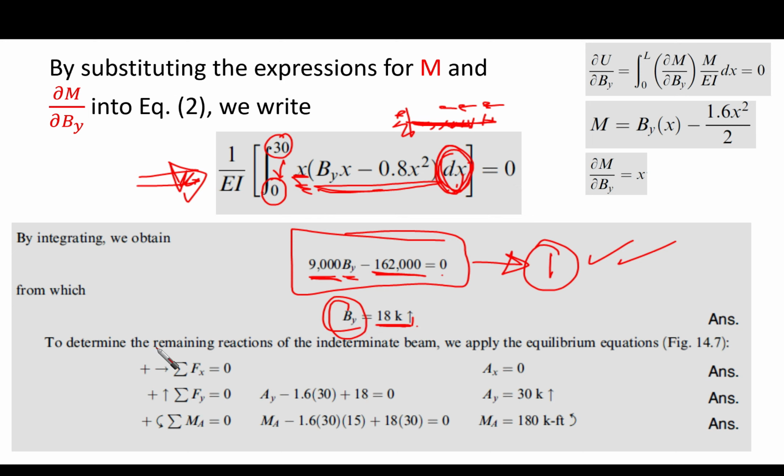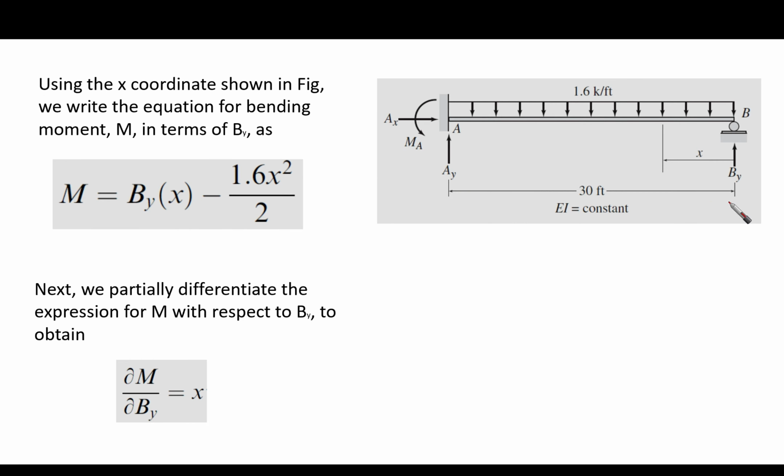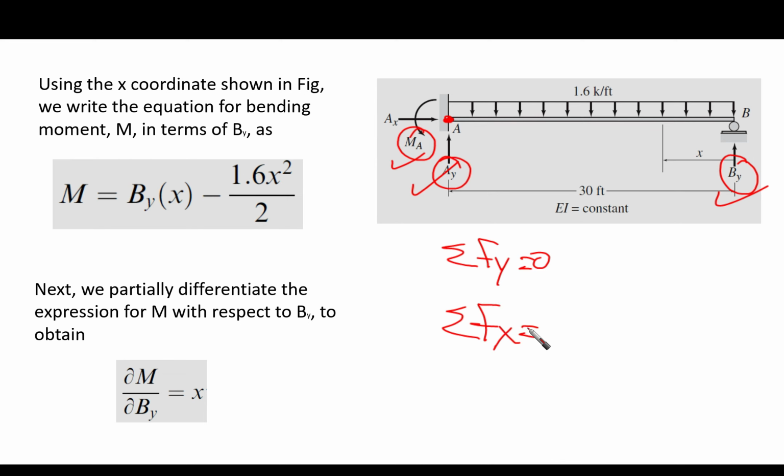Okay, then the remaining part is to determine the reactions of our equation here. So by is known now. Then if we take the moment here, we can obtain MA, sorry. And if we make the summation of Fy equal to 0, then we can obtain Ay. And if we take summation of Fx equal to 0, we're going to find that Ax can be obtained easily, and it's going to equal 0.